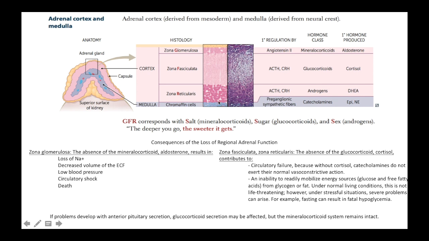And then the reticularis is also regulated by ACTH mostly, and produces the androgens, primarily DHEA. And then in the medulla, there is innervation from the preganglionic sympathetic fibers to the adrenal medulla, which produces catecholamines, primarily epinephrine and norepinephrine.